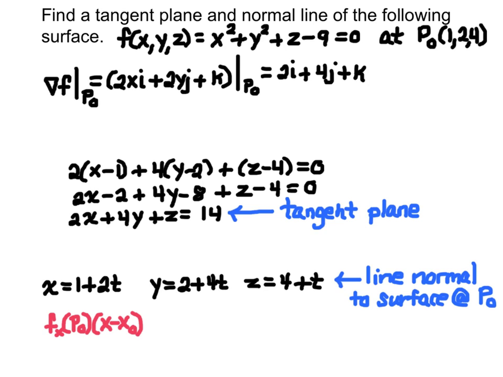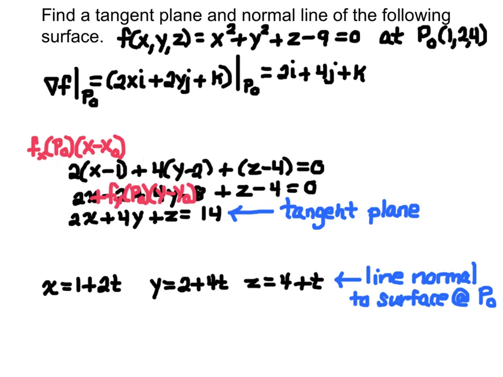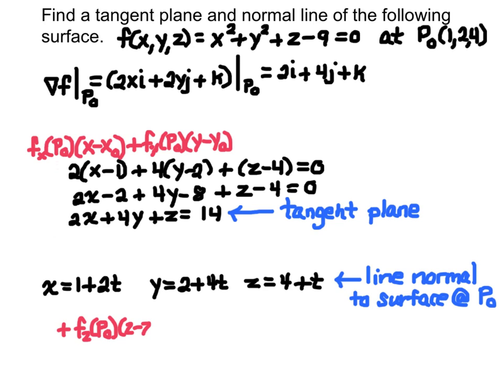That's our first term right there, plus the partial derivative of f with respect to y at P naught times y minus y naught, and that's our second term that we have right here, the 4 times (y minus 2), plus the partial derivative of f with respect to z at P naught times z minus z naught, and there's our last term right there, and that's 1 times (z minus 4), and that's all set equal to 0.